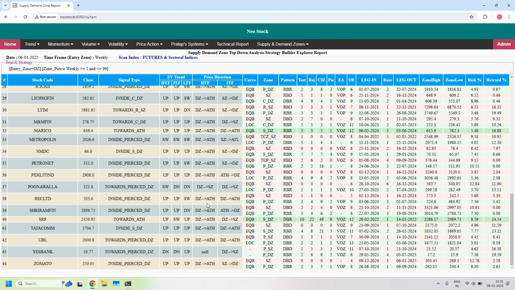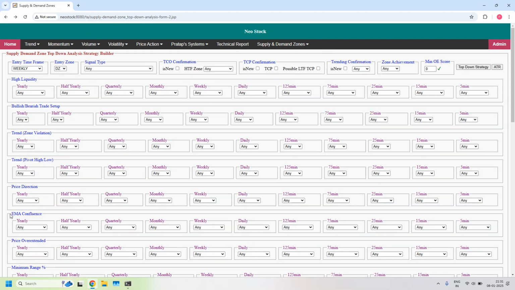But in any zones where you have new order flows, if you want to plan trades based on bullish or bearish trade setups or counter trend trade setups, trend is important, or EMA Confluence is more important. So that way, I am filtering based on the EMA Confluence at weekly time frame, weekly demand zone having weekly EMA Confluence, and the trend on weekly time frame should not be sideways.